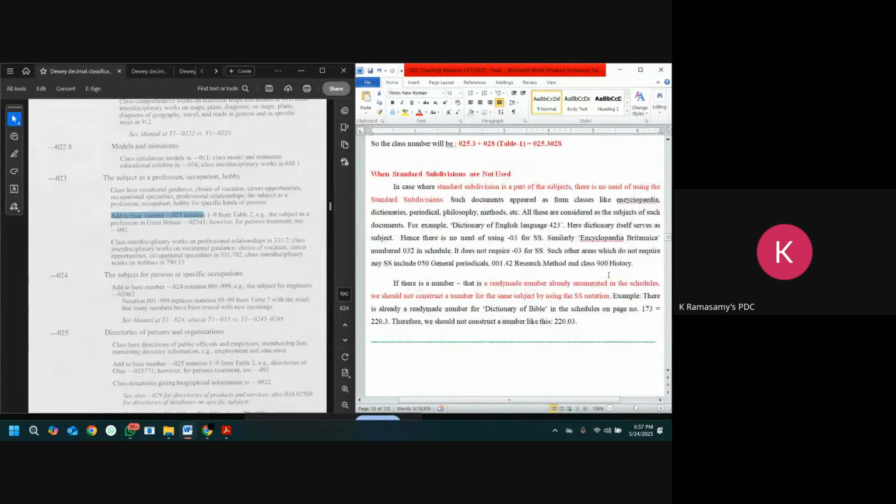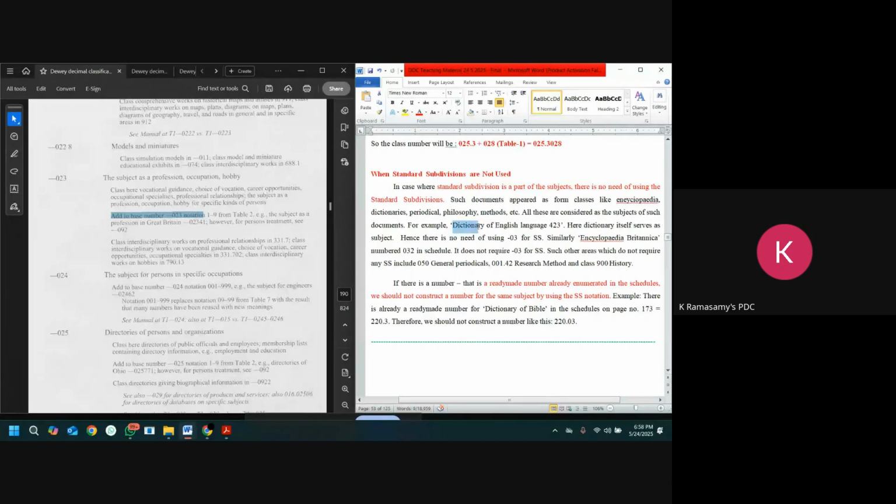Okay, yes. And please remember, there are 1 or 2 places where you are not supposed to add any SS number to the main number. See, in many places, standard subdivisions, instead of acting as standard subdivision, they are acting as subjects. For example, you take this subject, Dictionary of English Language.